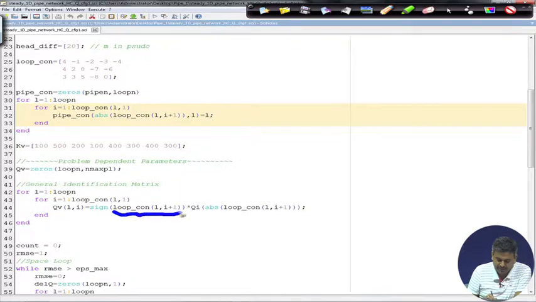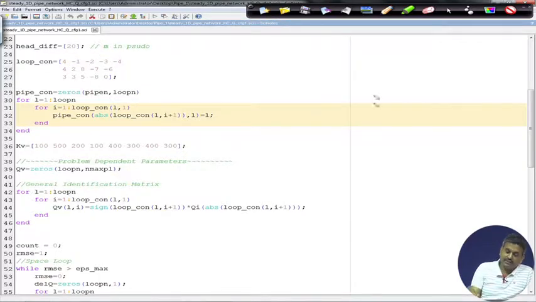If the loop connectivity for the first entry is negative, the sign gives us minus 1 for a negative value and plus 1 for a positive value. So, sign multiplied by the Qi value, which I have specified without any sign. I should input these values within this QV LI with this sign, so the sign should come from the loop connectivity matrix directly.